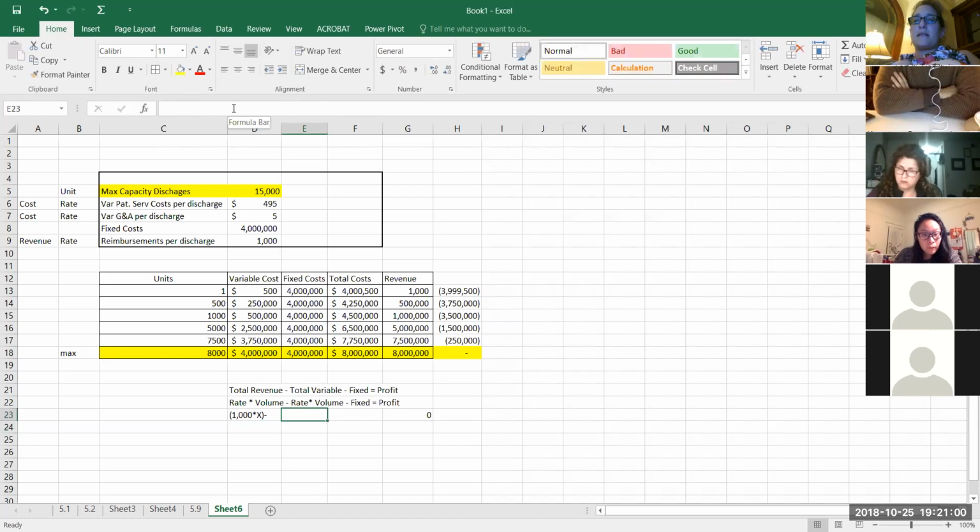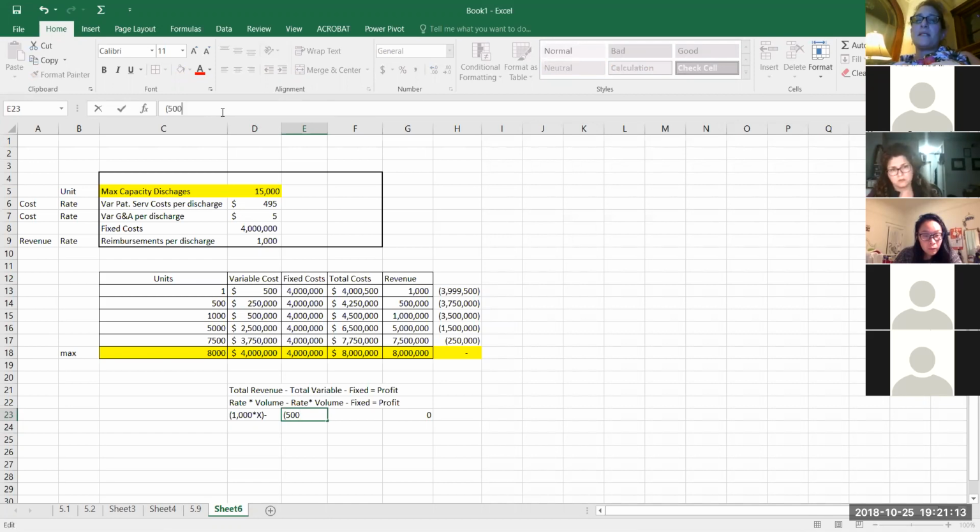I'm just putting this in Excel, so it's not super user-friendly. Then I'm subtracting the total variable rate, which we know is $500, times x. And then we subtract the $4 million, because that's the fixed cost, right?